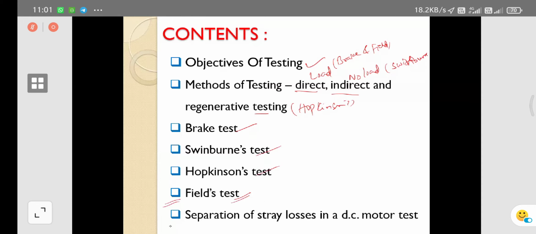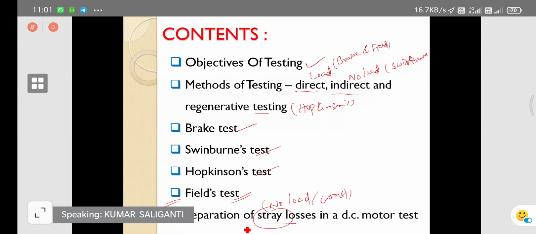After that, the last concept we have discussed is suppression of stray losses, or no load losses. No load losses are constant. Why? Because every time, the stray losses are not given directly, but the no load losses are constant losses, the same as stray losses.